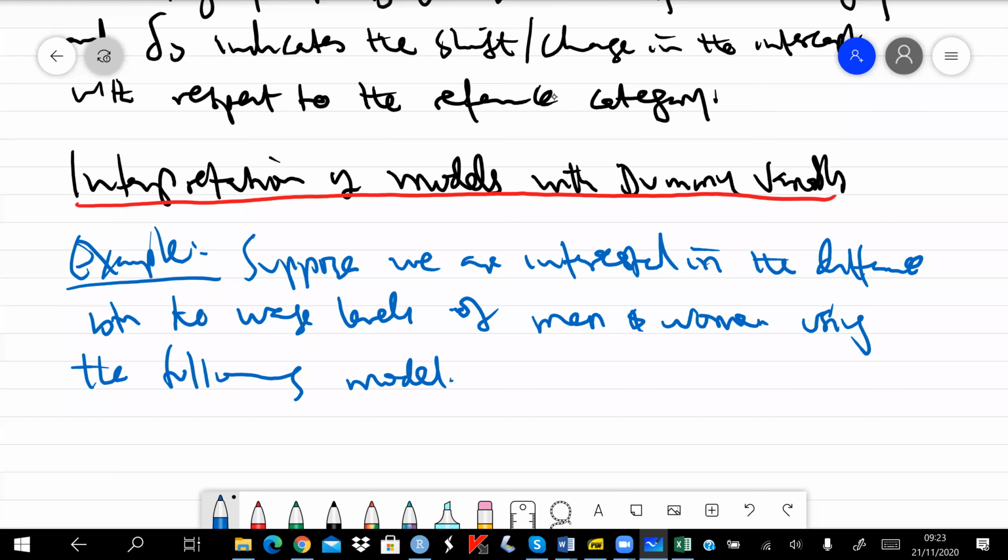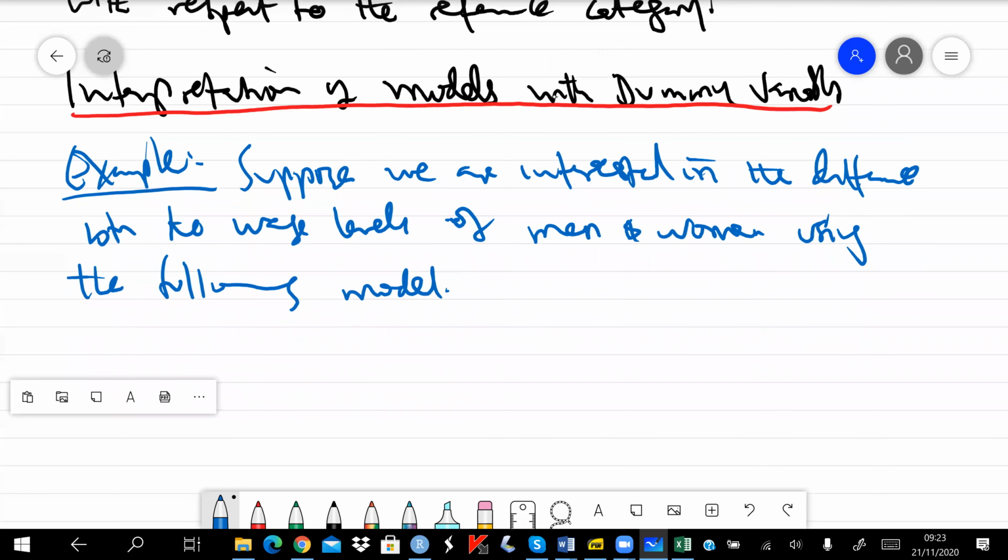So suppose our interest is to find the difference in wage levels for male and female individuals.